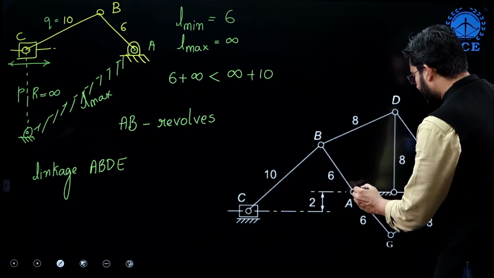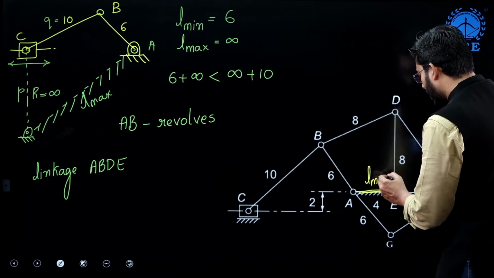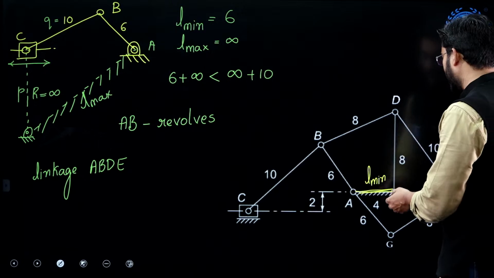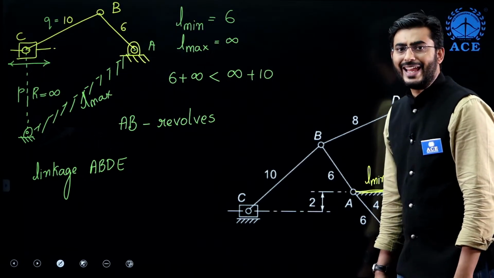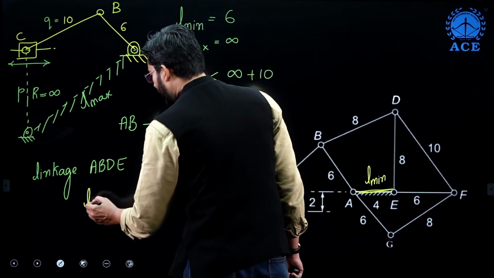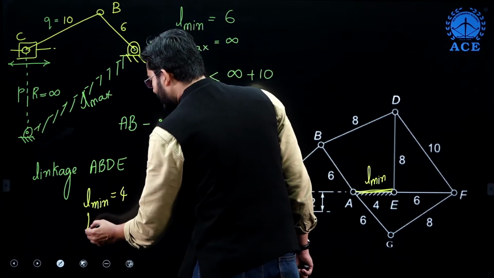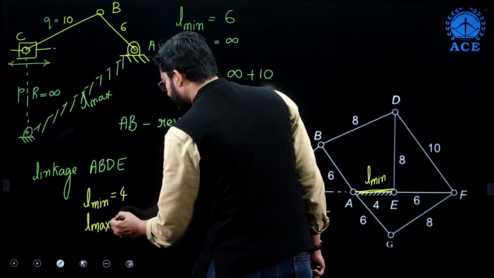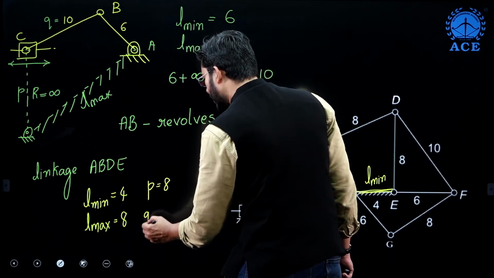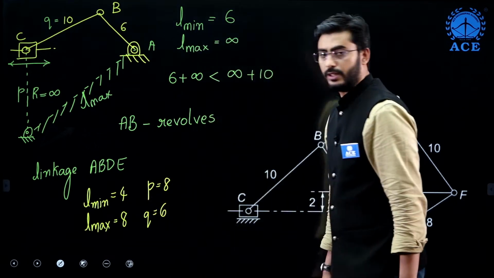So definitely this is going to be L minimum, and either BD or ED can be taken as L maximum. So here L minimum is equal to 4 and L maximum is equal to 8, P is equal to 8 and Q is equal to 6.